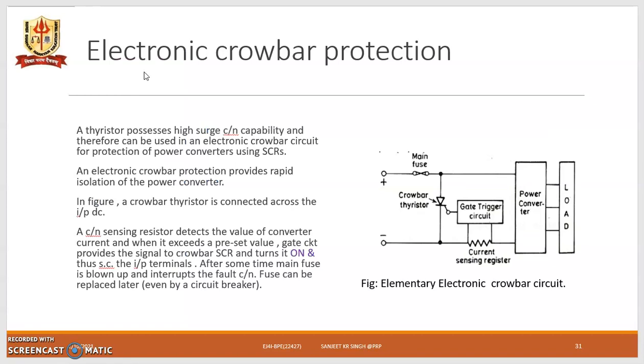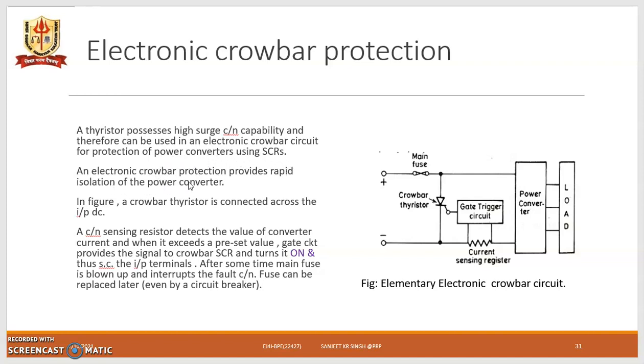And here we have the electronic crowbar protection. Electronic crowbar protection is given by connecting a thyristor, the crowbar thyristor, across the supply, that is, across the power converter. A thyristor possesses high surge current capability and therefore can be used in an electronic crowbar circuit for protection of power converters using SCRs.